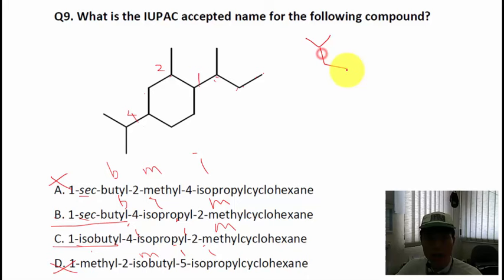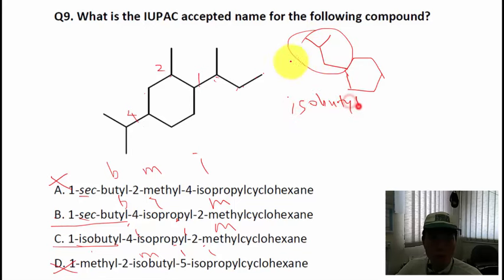So for iso, it will look like this: 1, 2, 3, 4, and then connected to a ring. So this part is isobutyl, because towards the end you have a forking of CH3 CH3 bonds. But in this case, it is a secondary butyl group. So B.